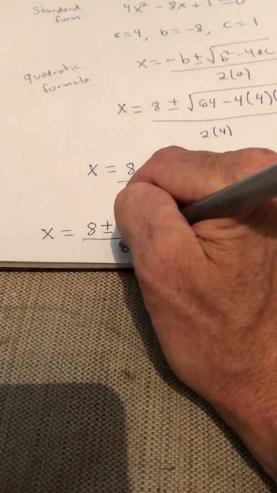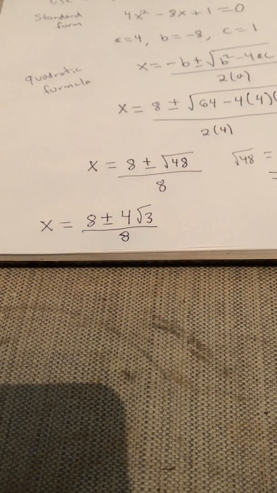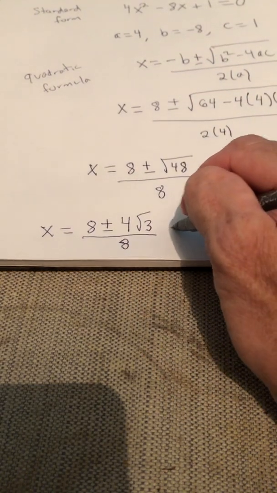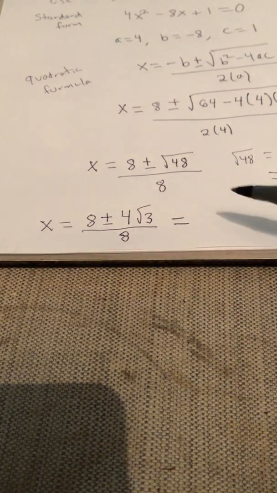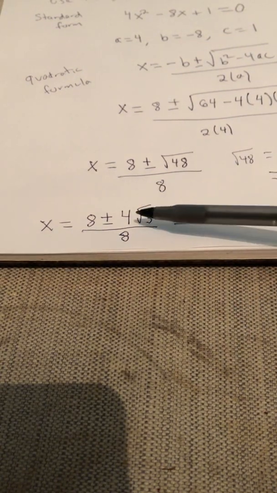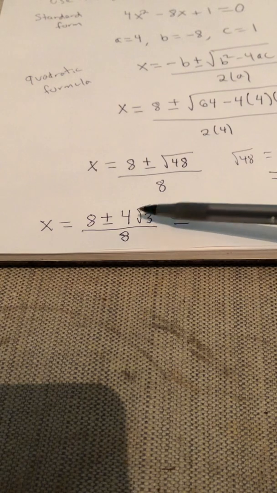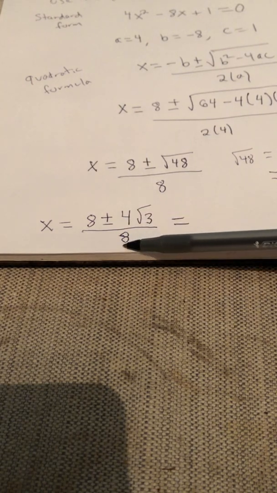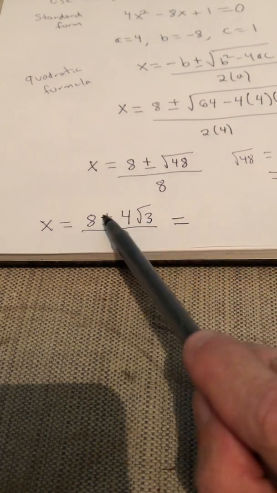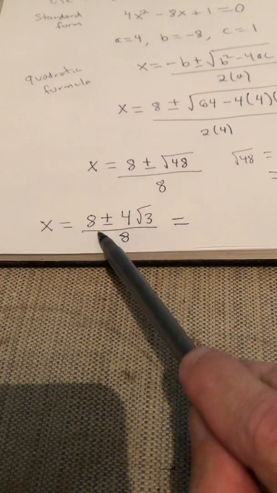So we simplified a little bit, but we can actually simplify even more. What I can do at this moment is divide the numerator and the denominator by 4. I can take a 4 out of all 3 of these things.